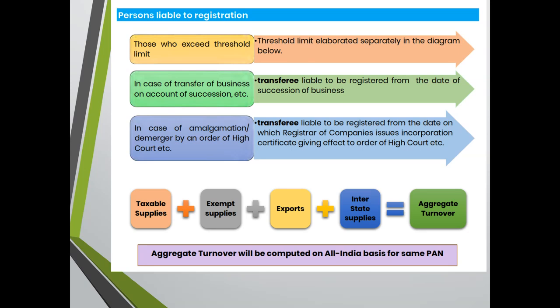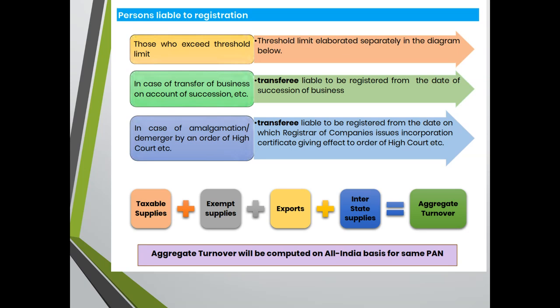If you are a proprietor transferring your business to, say, Mr. X, Mr. X has to get another registration. Just as if you are converting it into a partnership or a private limited company, in all these cases you would be required to get separate registrations. Then in case of amalgamation or demerger by an order of the High Court, you would be required to get registration.